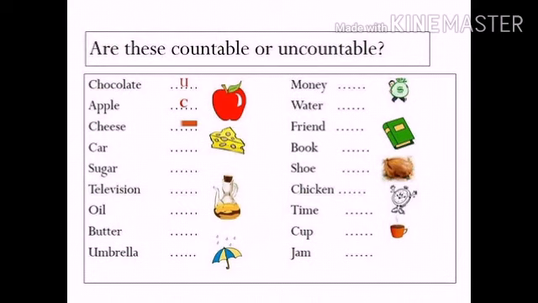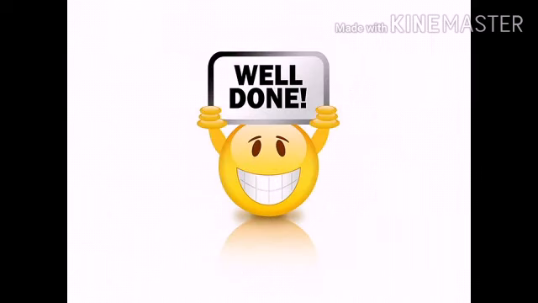Is it a countable or uncountable noun? Good one. It is a countable noun. What about jam? It is an uncountable noun. So I guess you all have got the concept about countable and uncountable nouns, right? So well done.